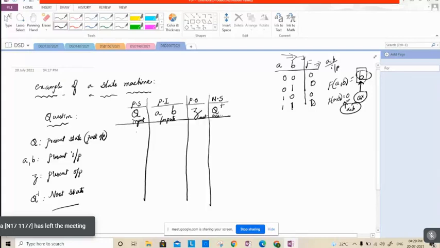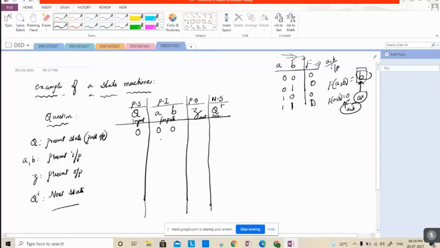Now, how many input combinations will be there here? 8. 0 0 0, 0 0 1, 0 1 0, 0 1 1, and again with 1, this is 0 0 0 1 1 0 and 1 1.